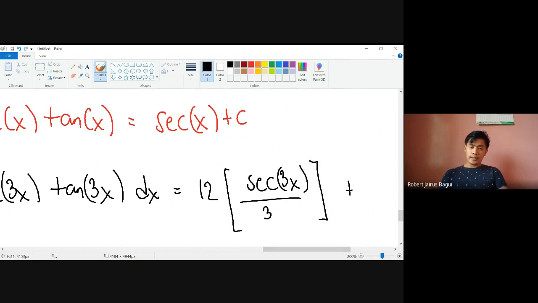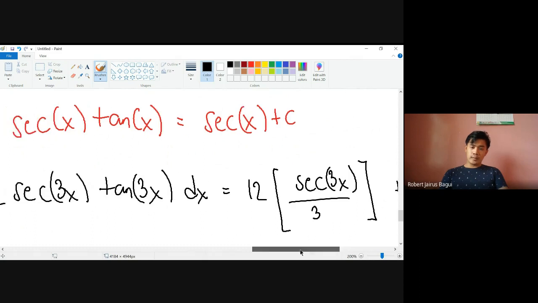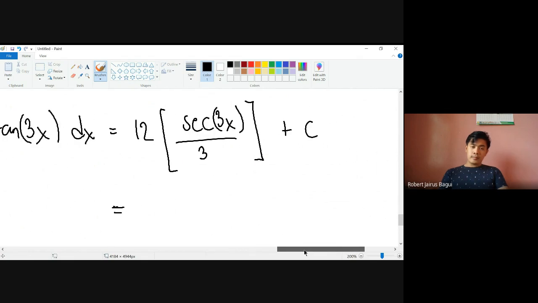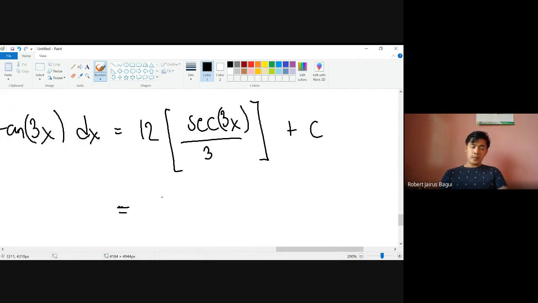Ngayon, huwag nating kaligtaan again yung plus c. Simplifying this, 12 divided by 3, so 4 secant 3x plus c.